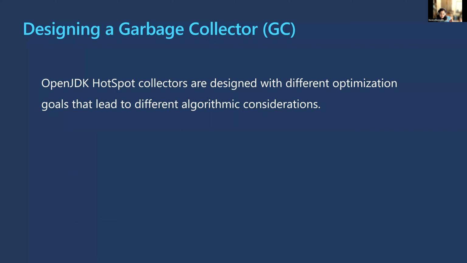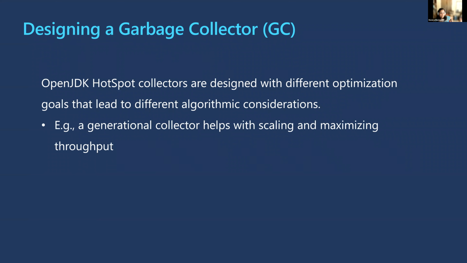And one theme between all these collectors is that they were generational, right? That was a design choice made by OpenJDK to have these kinds of generational collectors, because the whole concept of a generational collector is based on the principle that most objects die young.